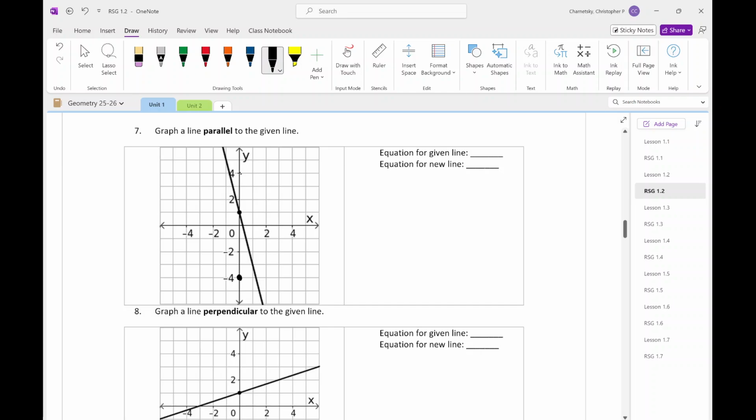I'll put a y-intercept down there. Okay, the slope of our original line looks like it's down 4 over 1, so the slope is equal to negative 4 over 1, or just negative 4. Our new line's going to have that same slope, so working backwards to go down 4 over 1. There's a couple of points.